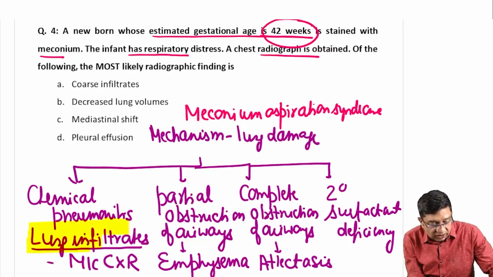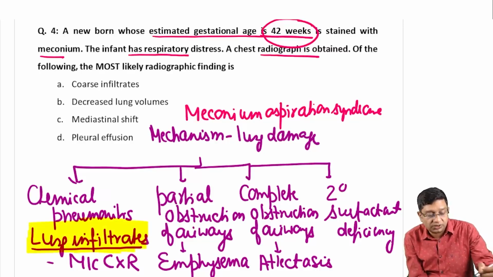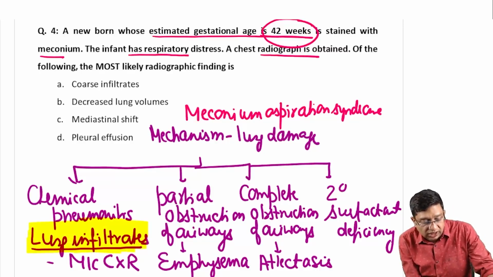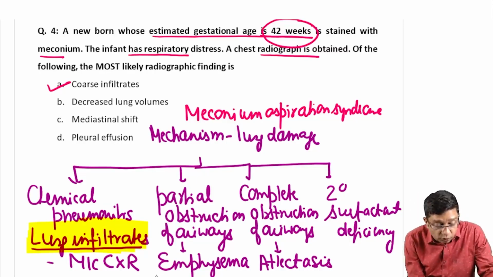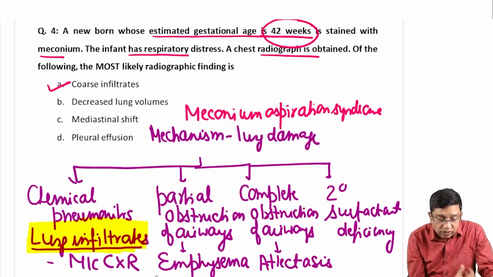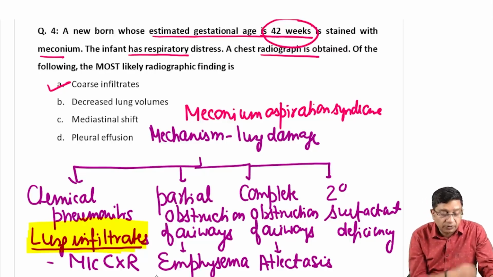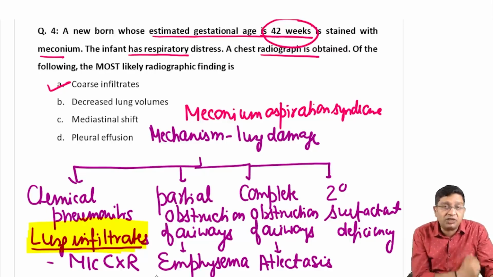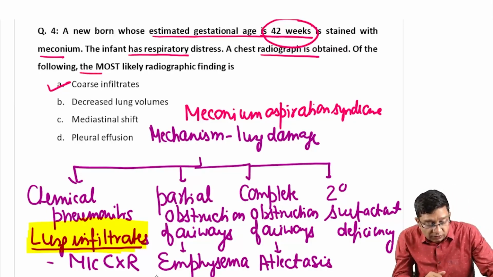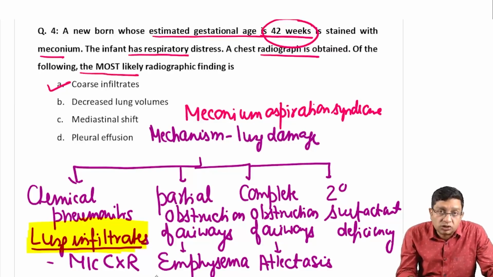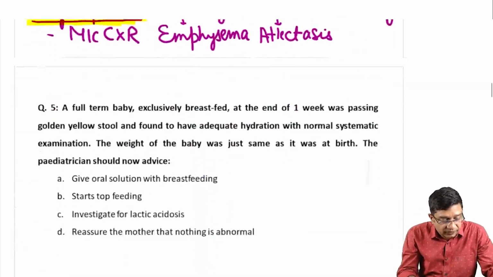So the answer here is the coarse infiltrates. That is the most likely. You can also get decreased lung volumes, and because of emphysema you can get mediastinal shift, but the most important thing to remember is that they are asking the most likely, and the answer is coarse infiltrates.